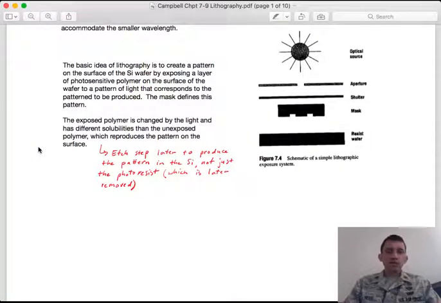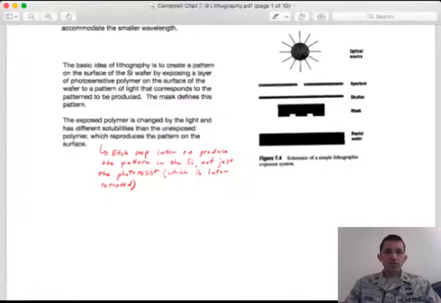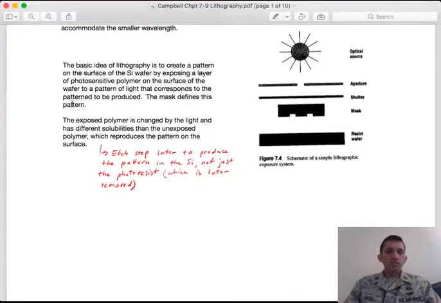And so the basics of lithography, what we're trying to achieve here, is to create a pattern on the surface of your wafer by exposing a layer of photosensitive polymer, which we call the photoresist, to a pattern of light that is created by shining an optical source, generally ultraviolet or smaller wavelengths, through a mask.